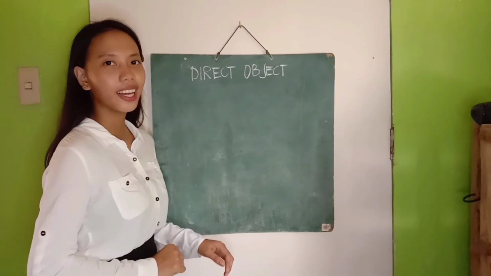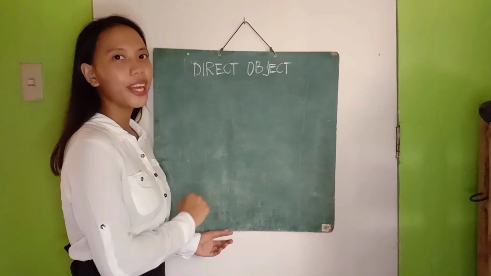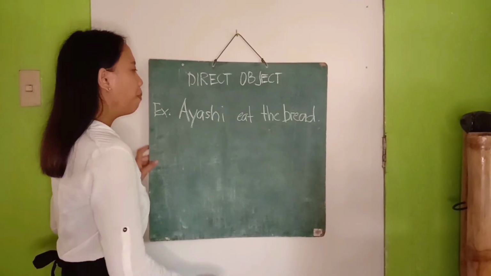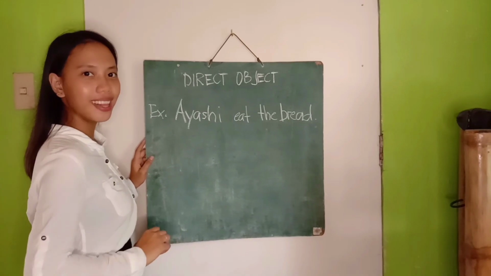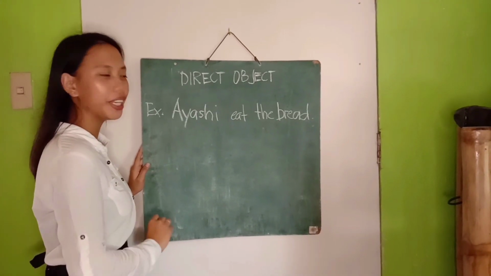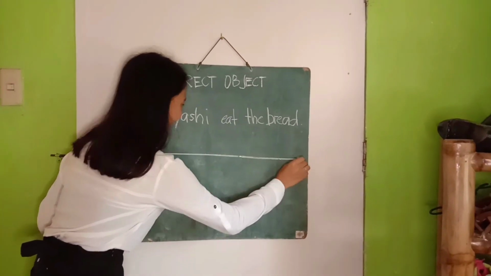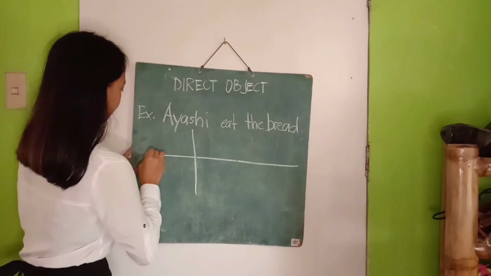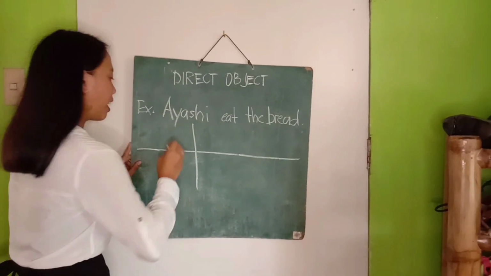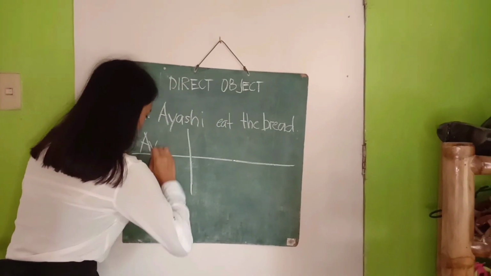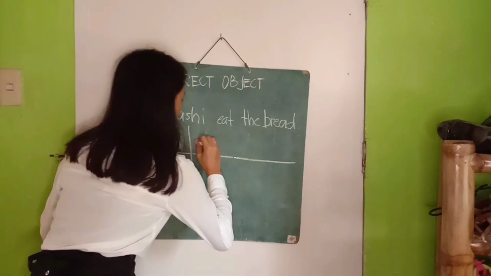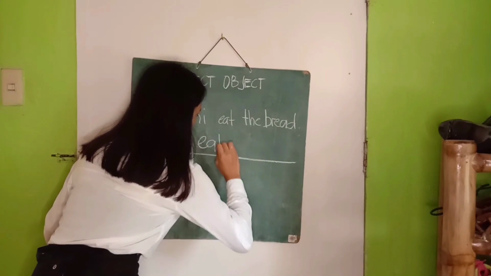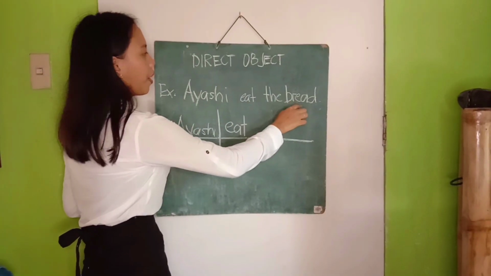Direct object is the receiver of the action. For example, Ayashi ate the bread. To diagram this sentence, draw horizontal and vertical lines. Ayashi is the subject and ate is the verb. And bread is the direct object.